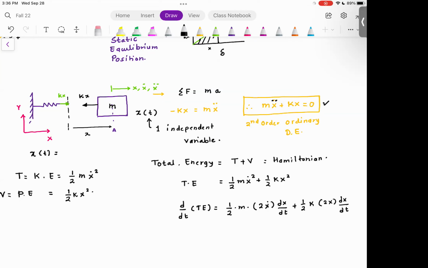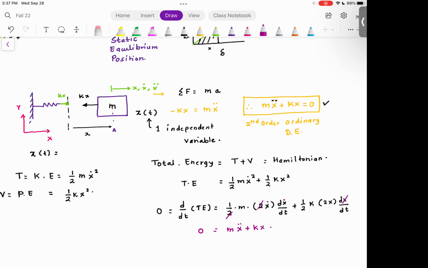Do you agree with me? Since the derivative of the total energy is zero, I'm going to put a big zero and then cancel out the common terms. So 2 x dot, and then this is going to be m x double dot plus k x is equal to 0.